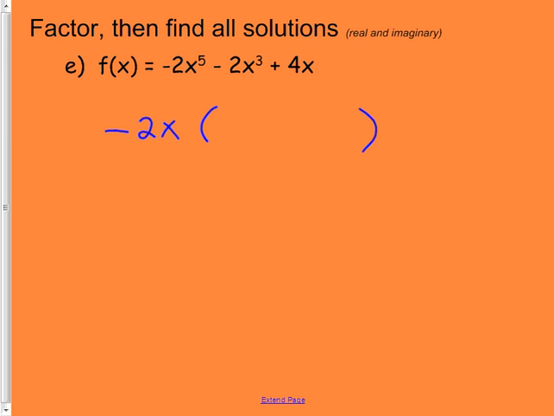That's why we're factoring it out. Take a -2x out of that, and that, and that. Technically, what you're doing is dividing everything by -2x. So if you ever have trouble with these, just divide everything by -2x and see what you get.